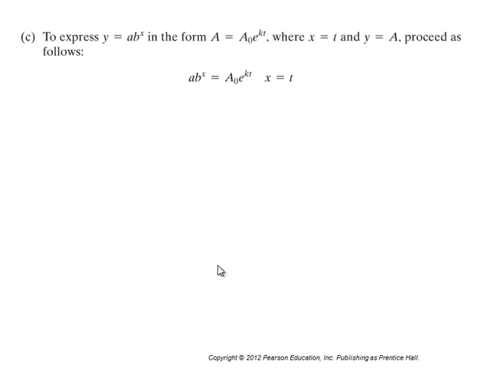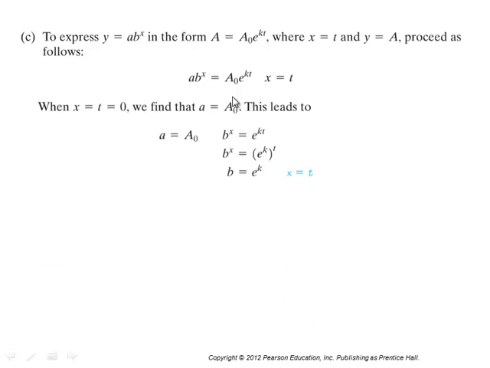Moving along here. Now, if we wanted to put our equation into this form, a sub 0 times e to the kt, I'll show you how to do it. Now, our existing equation is already in this form, a times b to the x power, and we want to put it in this form here.